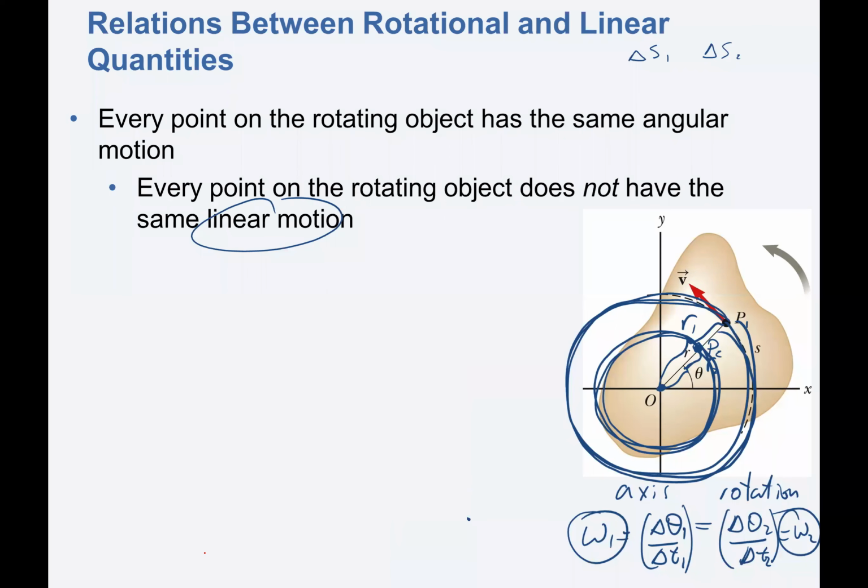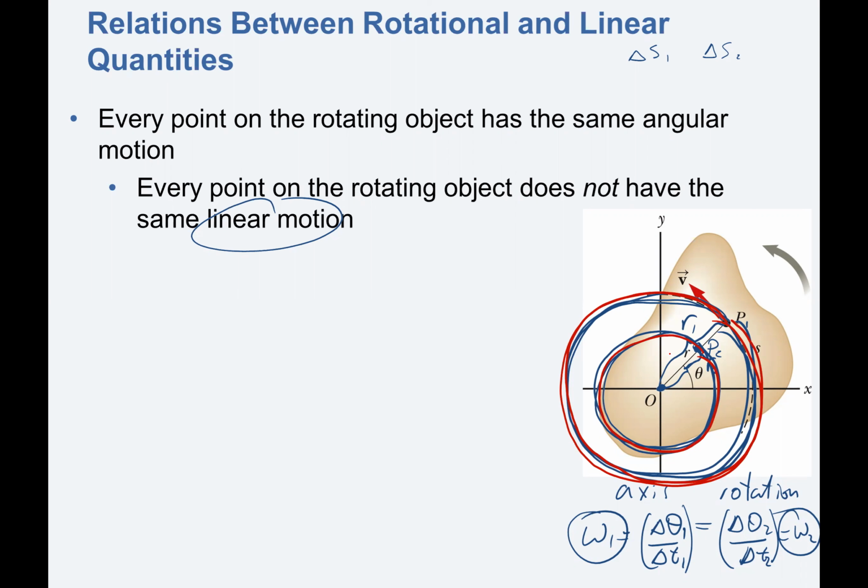So for the linear displacement, I'm comparing arc length. This is the particle 1, so all that distance is the distance particle 1 undergoes, compared to the distance that particle 2 undergoes.